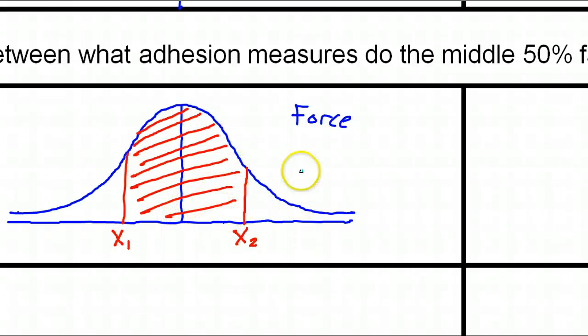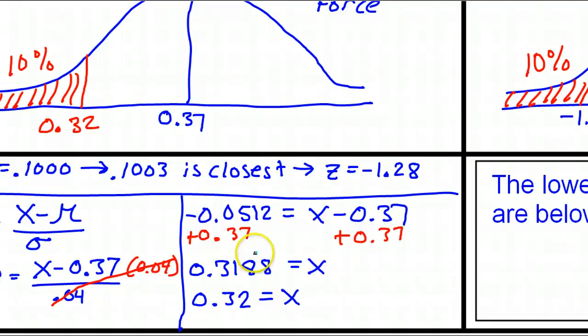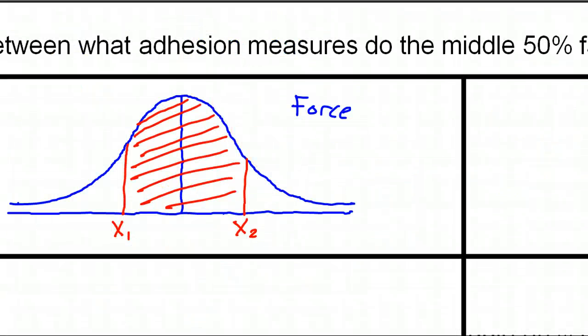The mean, we know the mean, it was 0.37. I'm going to include that in the picture, 0.37. So this is the middle 50%, so let's label that up.